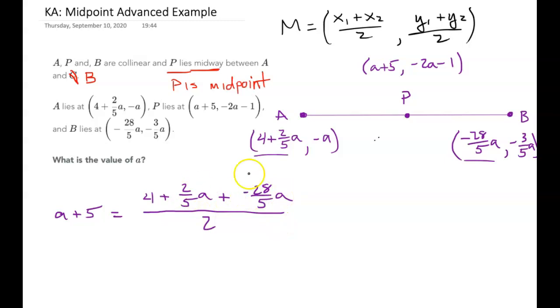Note, we're solving for A, so we can use either coordinate. I can use the x coordinate or the y coordinate. I've already got the x coordinate set up, so I'm going to work through this. While it's a little messy algebraically, we can get through it if we're careful. I'm dividing by 2, so to get rid of that, I'm going to multiply both sides by 2.